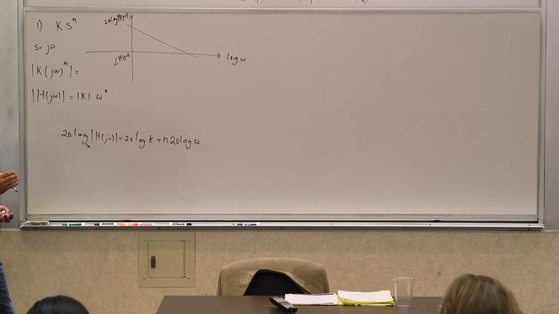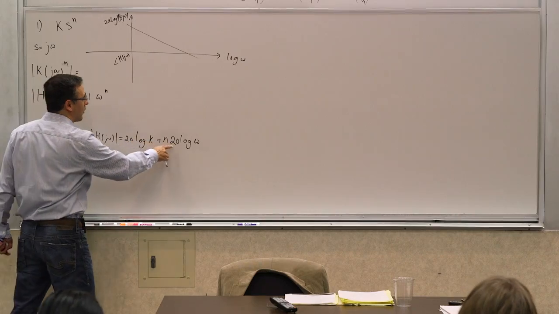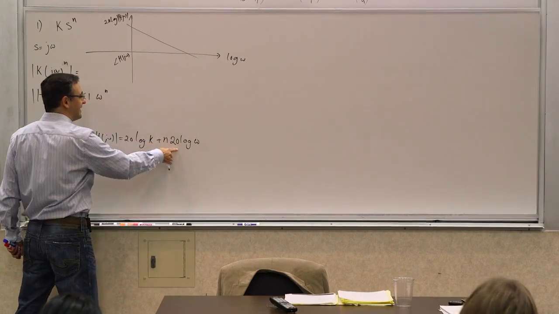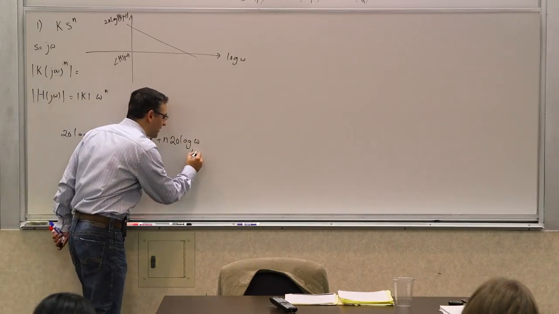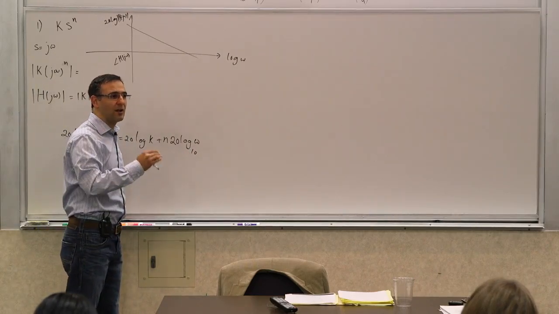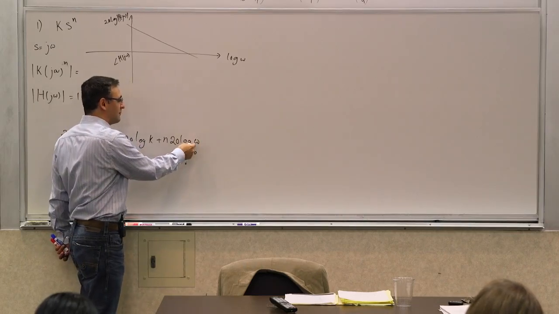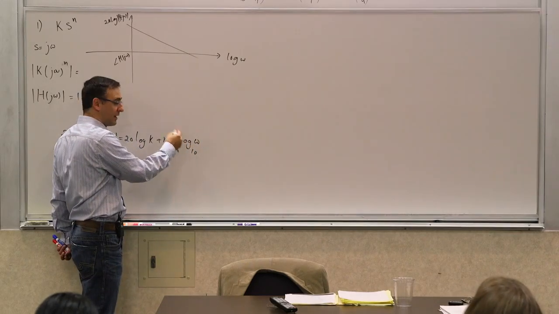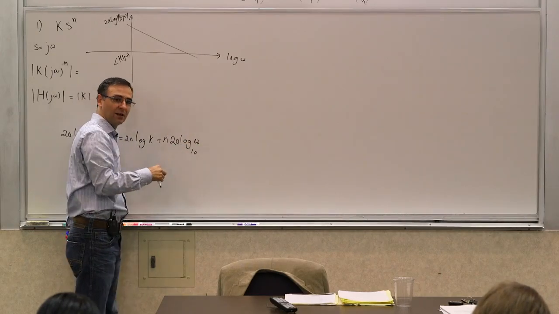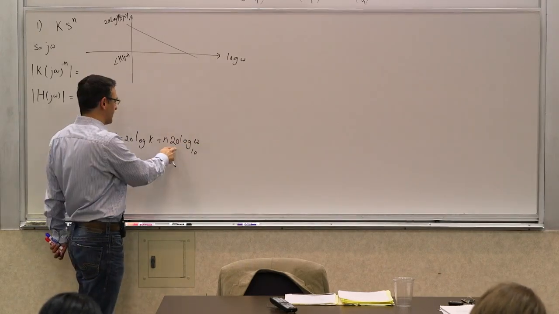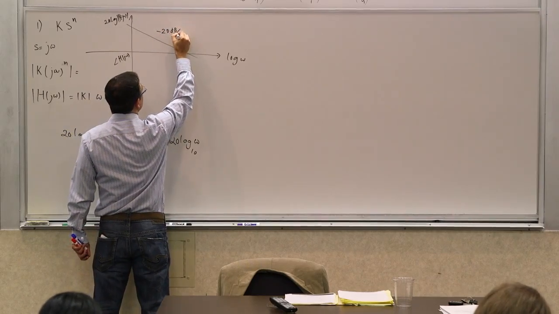So if n is negative 1, it drops at 20 dB per decade, because it's log base 10. Every time you go up a factor of 10, from omega to 10 omega, the log becomes 1, and you get 20. So the slope is negative 20 dB per decade.